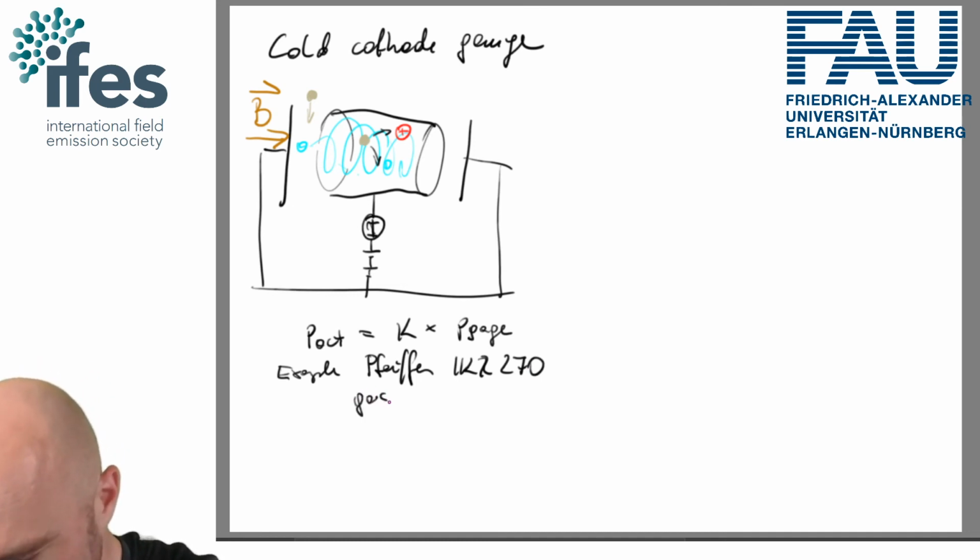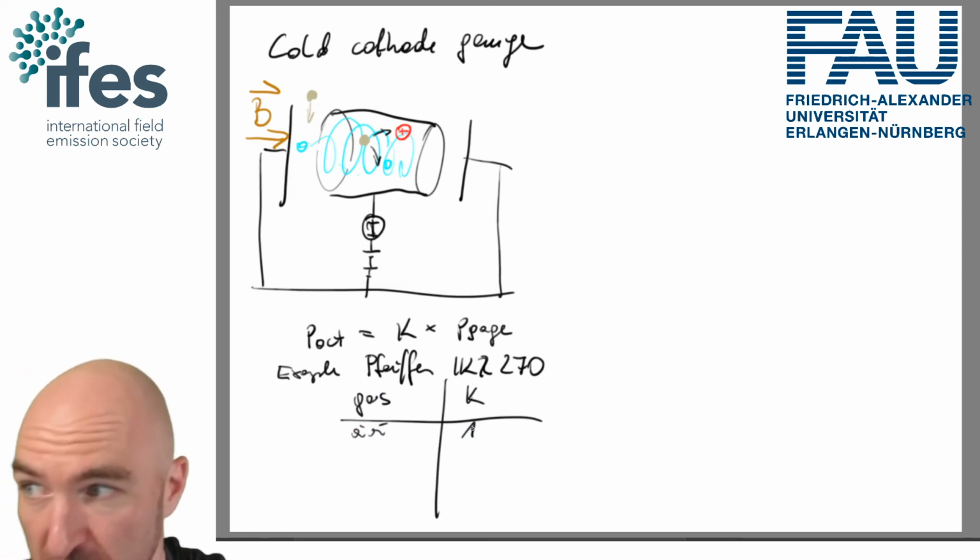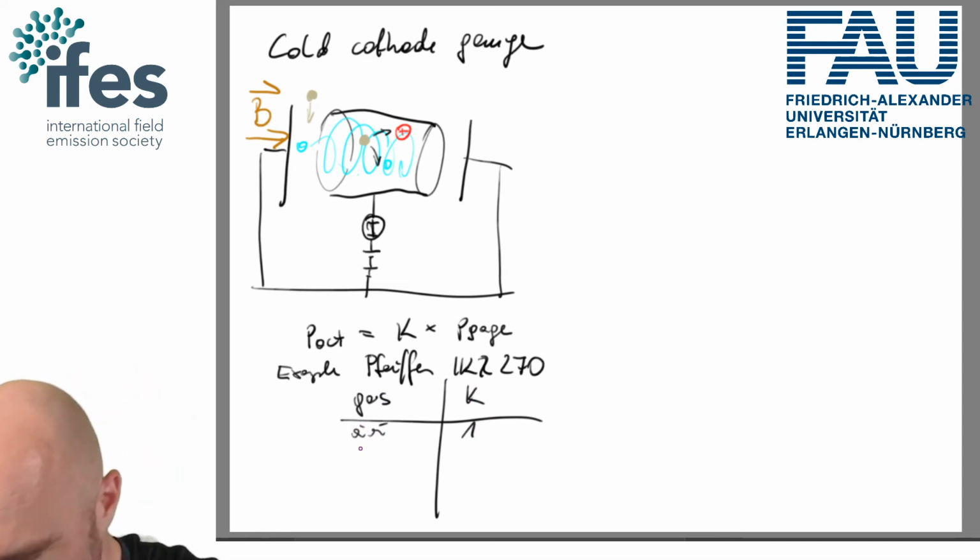And if you look at gas versus this K factor, for air we have a factor of 1, just because it's calibrated for air. If you have xenon, something that is fairly easy to ionize, then we have a factor of 0.4.